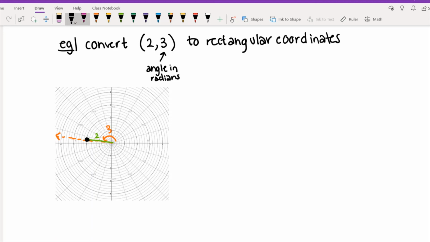And so it's really from that idea that this follows. So how do we find the x coordinate? We just do the radius, which was 2, times cosine of our angle, which was 3 radians. If you type that into a calculator, it comes out to be approximately negative 1.98.